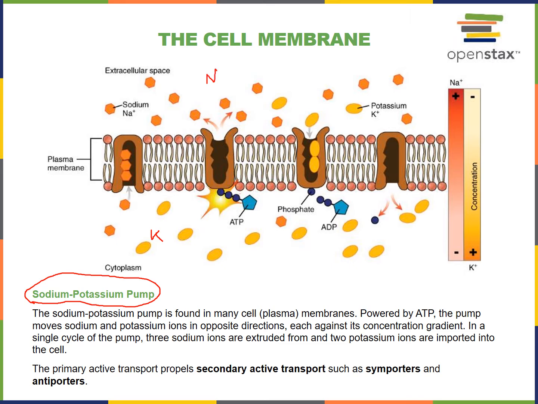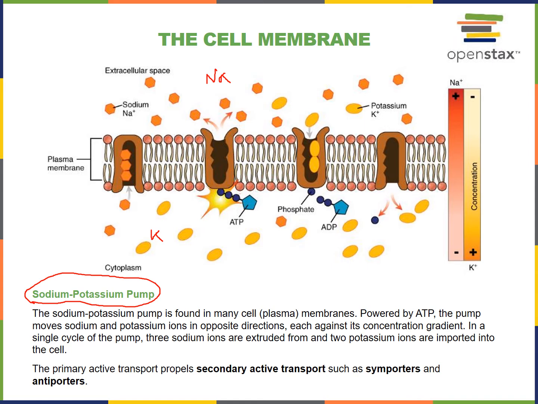So the sodium usually outside is higher. When there is an action potential, a lot of them rush in, and some potassium rushes out. If you don't balance this situation using the sodium-potassium pump, no action potential or electrical activity will happen again in the cell. So the sodium-potassium pump is found in many cell plasma membranes, powered by the ATP.